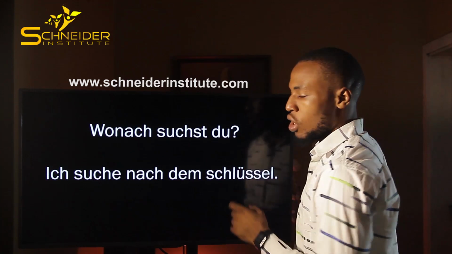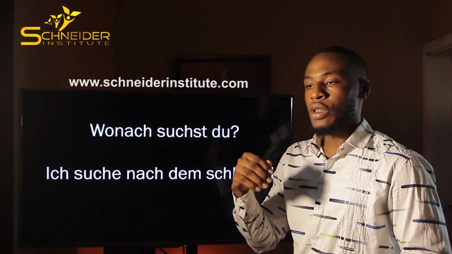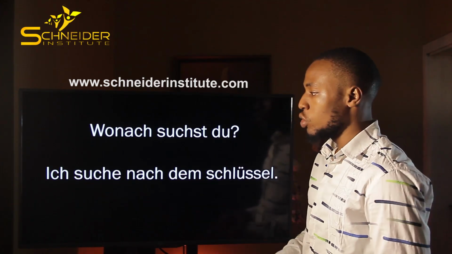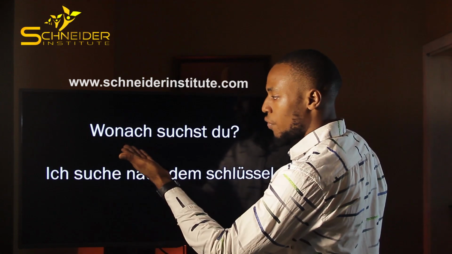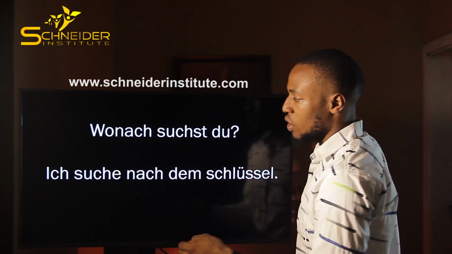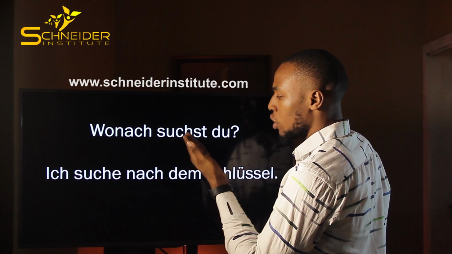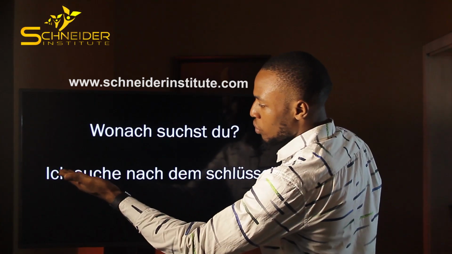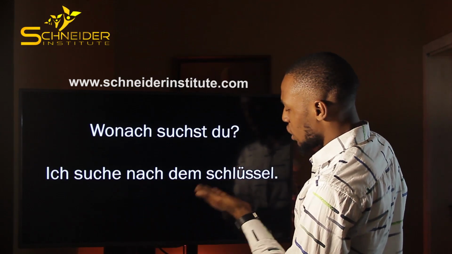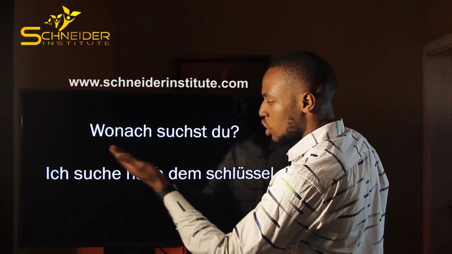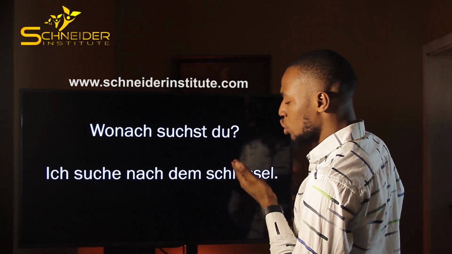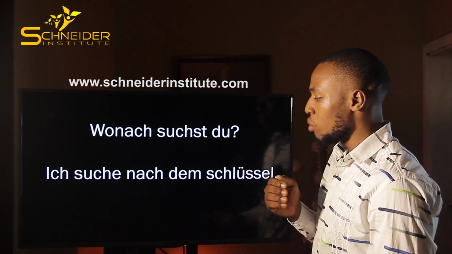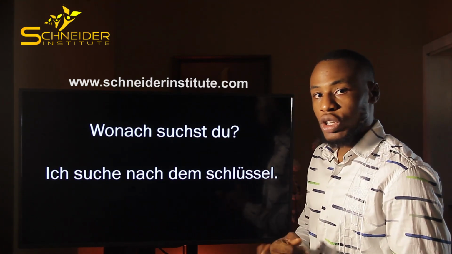Wonach suchst du? If it were to be the animate object, I'm going to be saying nach wem, because nach is obviously a dative case. Nach wem suchst du? Now look at the response here. The response here says, Ich suche nach dem Schlüssel, which simply means I am looking for the key.